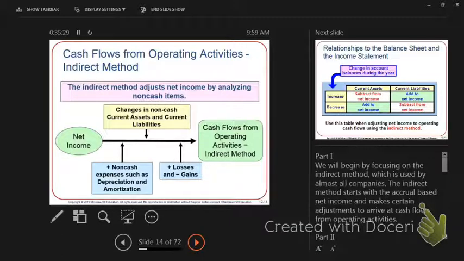Did this journal entry affect the income statement? Why supplies payable? I'm just randomly picking journal entries that could affect. Did this journal entry go on the income statement? No. But did we collect cash? No. We gave it away. We paid it. But it didn't go on the income statement.